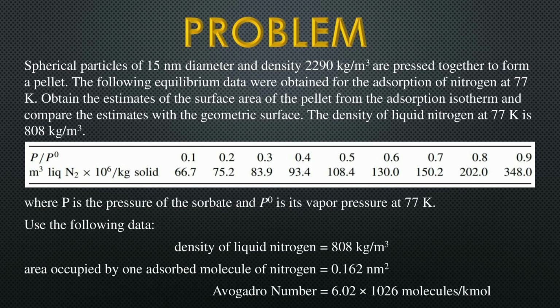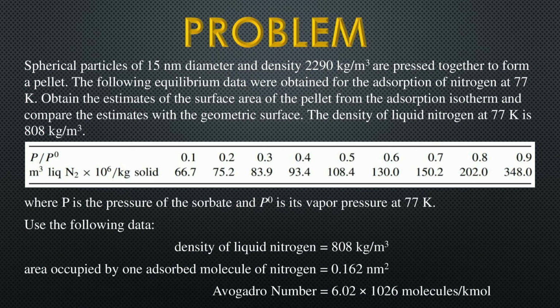The density of liquid nitrogen at 77 K is 808 kg per meter cube, and the table below gives the data for P over P naught and the volume of liquid nitrogen in meter cube over kilogram solid, where P is the pressure of the sorbate and P naught is its vapor pressure at 77 K. So we will use the following data to solve the problem.